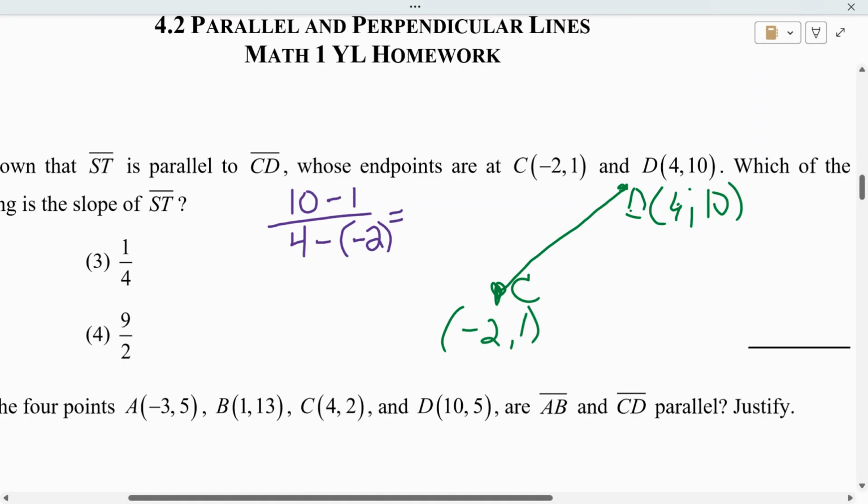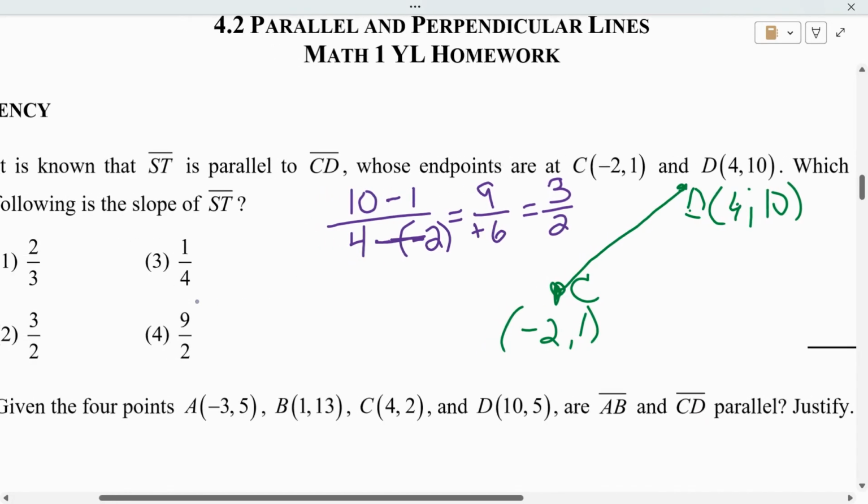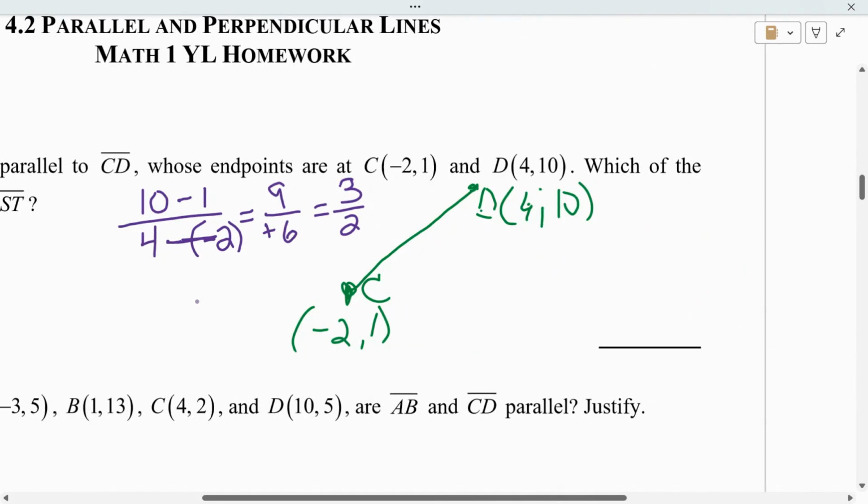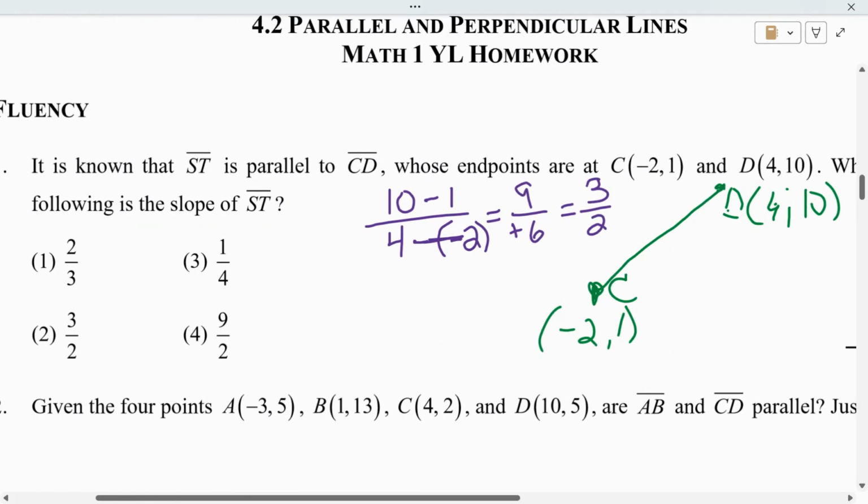So 10 minus 1 is 9, and 4 minus a -2 is a positive 6. And this can be reduced. 9 over 6 is the same thing as 3 over 2. You can put that into your calculator and it'll reduce the fraction for you. So we're looking for a segment that has a slope of 3/2, and that is answer choice number 2.